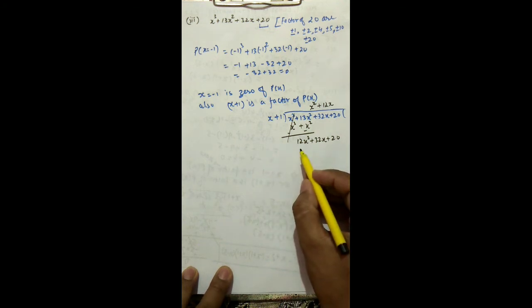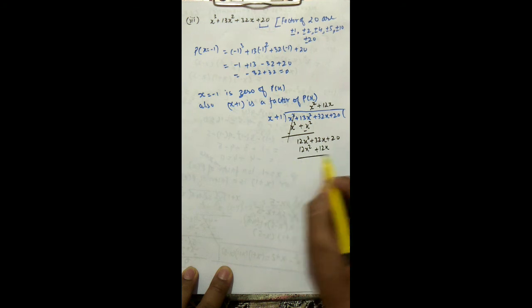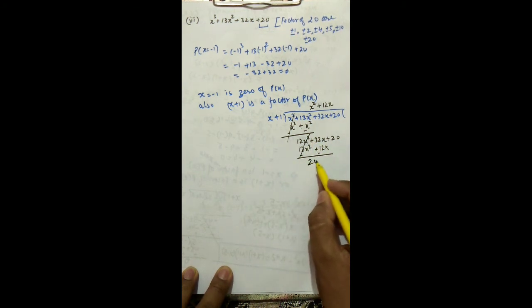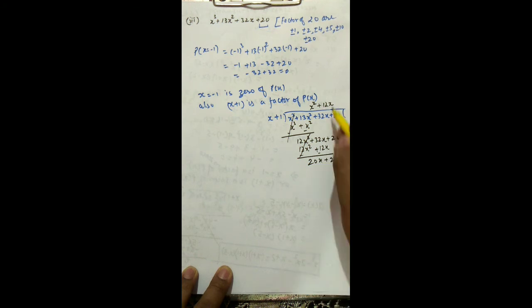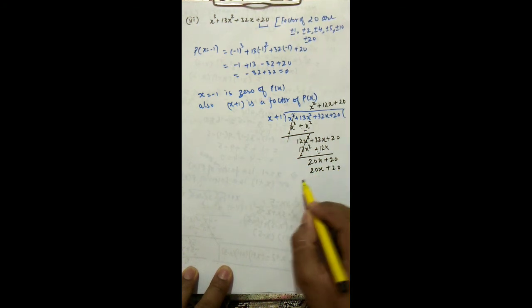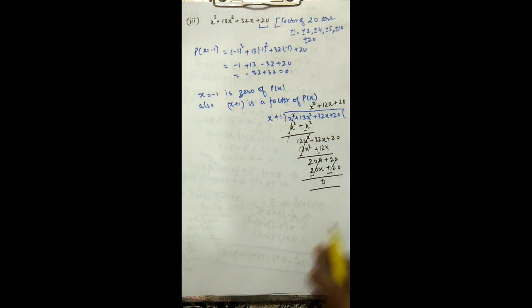Now you multiply 12x, then 12x square and then 12x, this minus this got cancelled, this is 20x, and this is plus 20. Now you can take 20x divided by x, so this is 20, so this becomes 20x plus 20, minus both will get cancelled. Your answer is coming now 0. So if your remainder is coming 0, it means your long division is perfect, there is no problem.